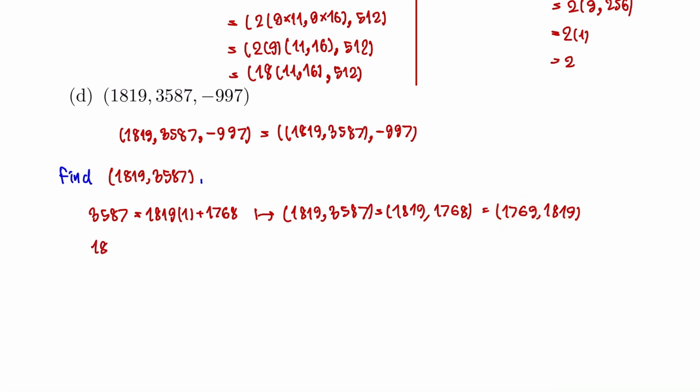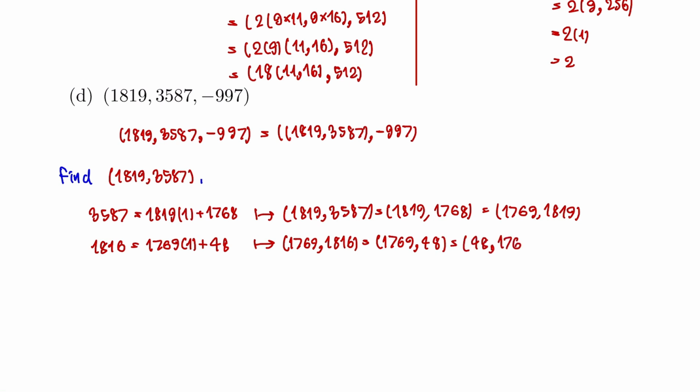So 1819 is 1768 times 1, plus 51. Hmm, let me think. Plus 48, right? Plus 48. Okay, so 1769 plus 48 is 1817, and that means we're gonna have 48 and 1769.